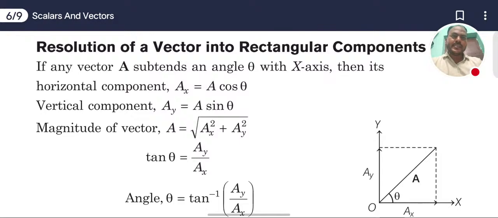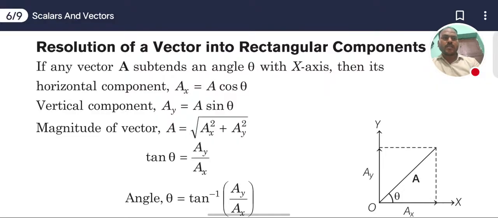The magnitude of vector A, because A is the diagonal between the y-axis and x-axis, is A equal to root under Ax square plus Ay square.